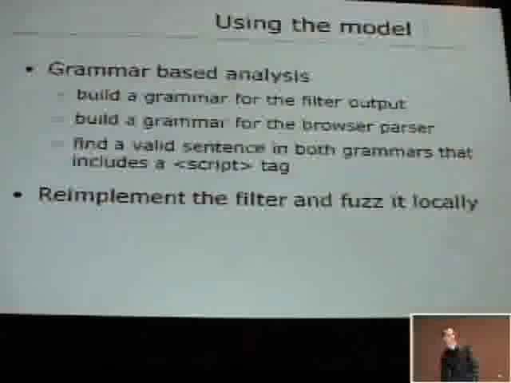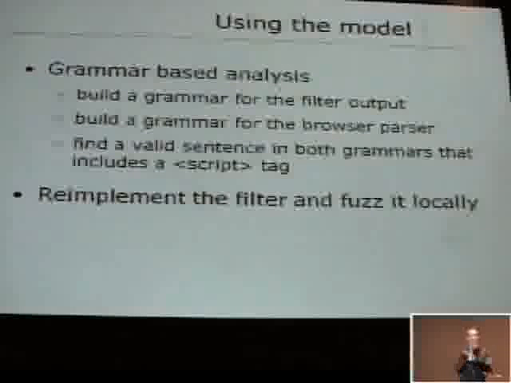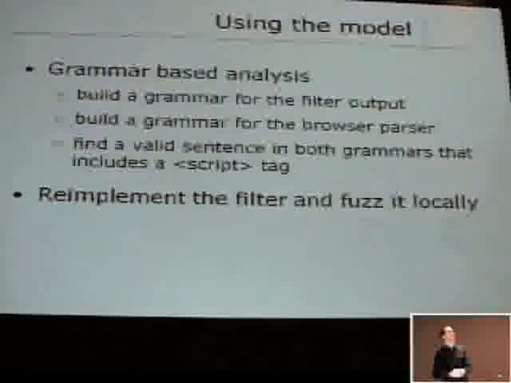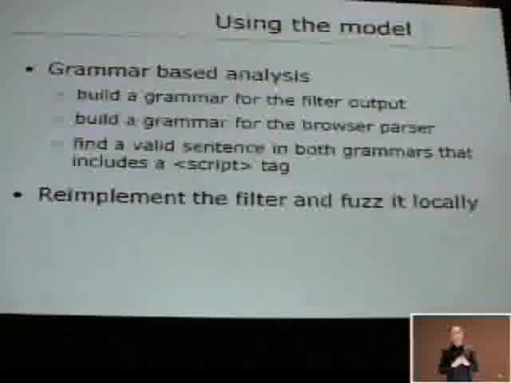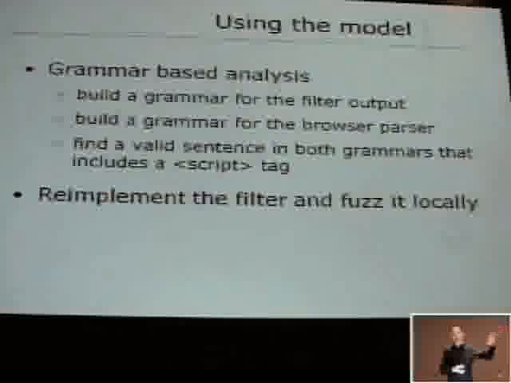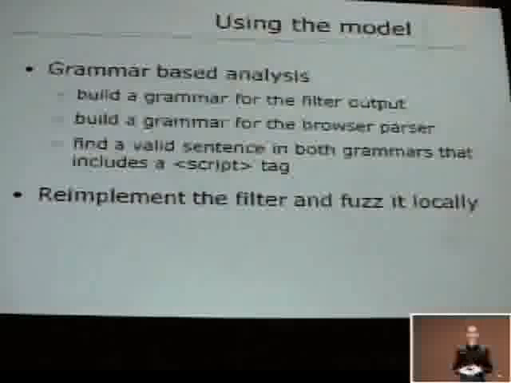So what do you do when you have the model of the filter? This is the more academic part. Once you have this model, you can build a grammar out of it. This is pure speculation, I have not actually done this, but I've done it informally in my head.